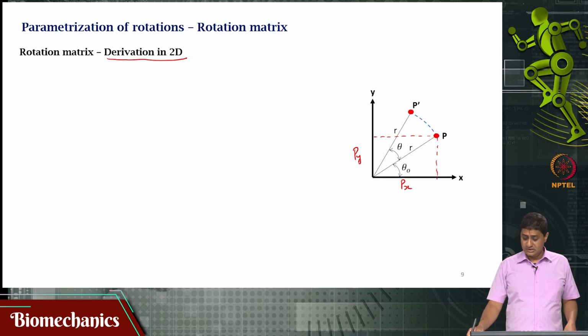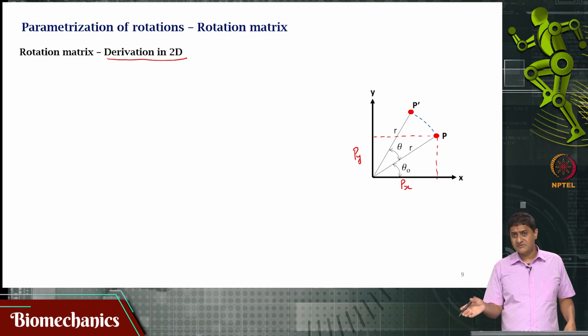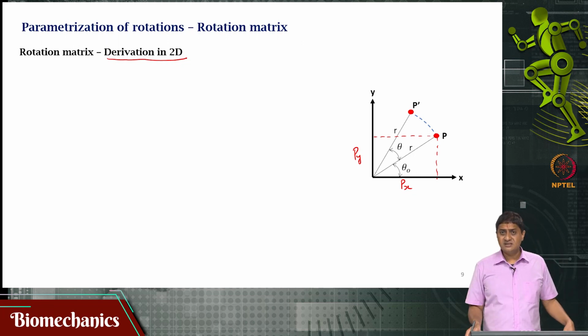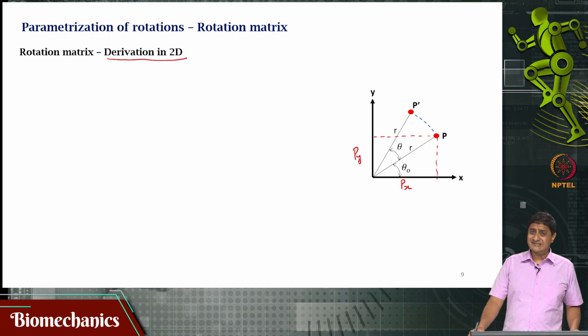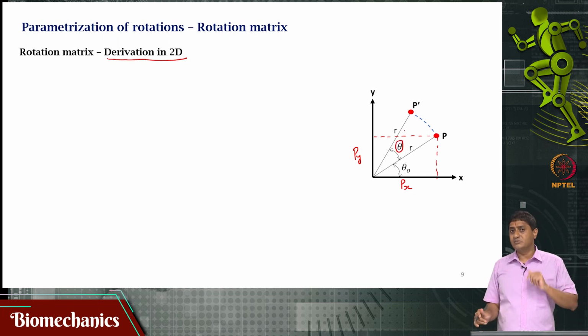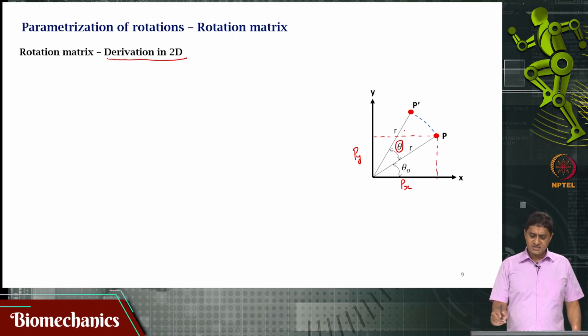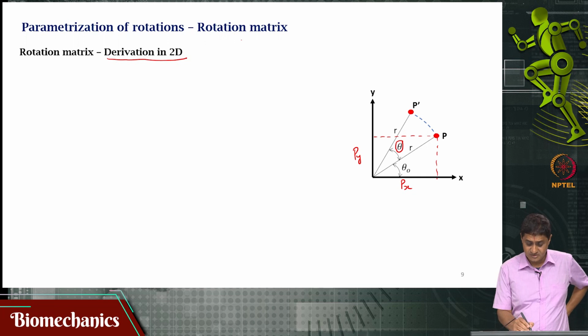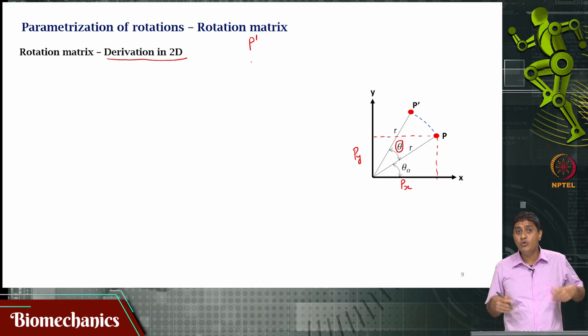I know initially what angle P itself is having, and then I am saying that this P is making a rotation about the z axis in the xy plane, by some known angle theta. I know the angle by which it is rotating. The question is, what is the problem of interest for us? The problem of interest for us is to find the coordinates of the point P dash, the new point P.